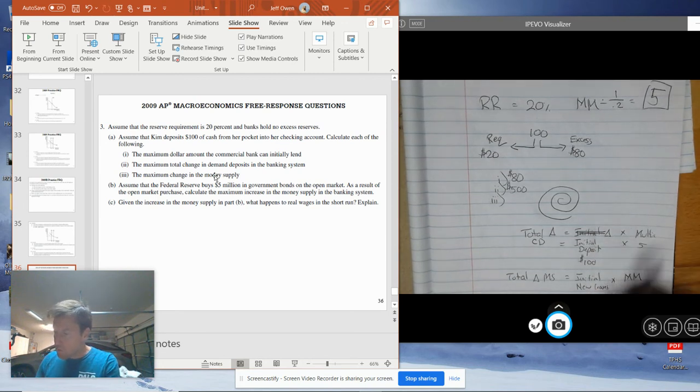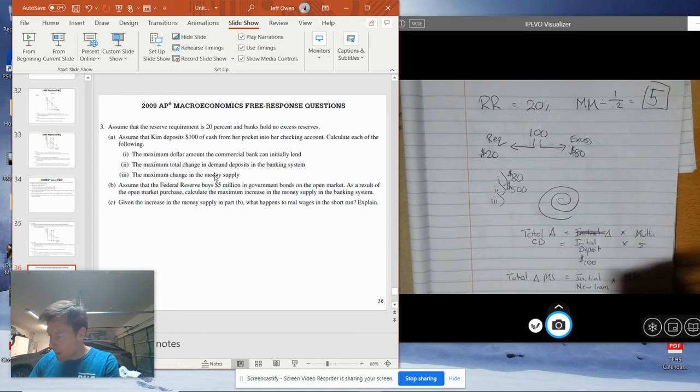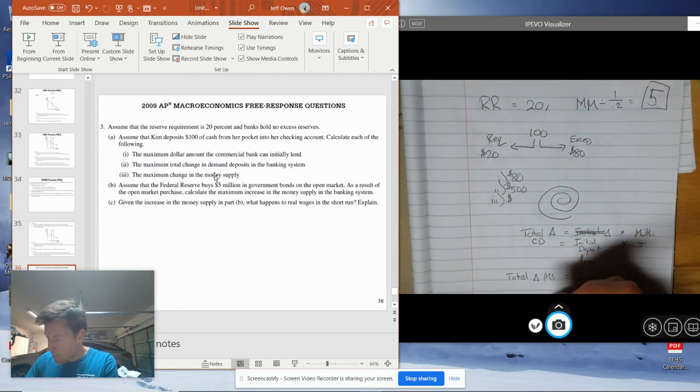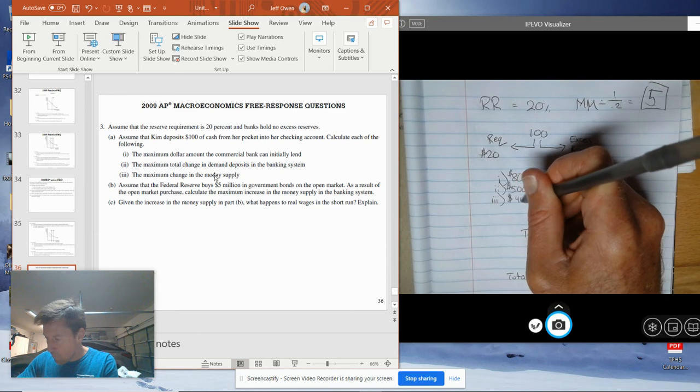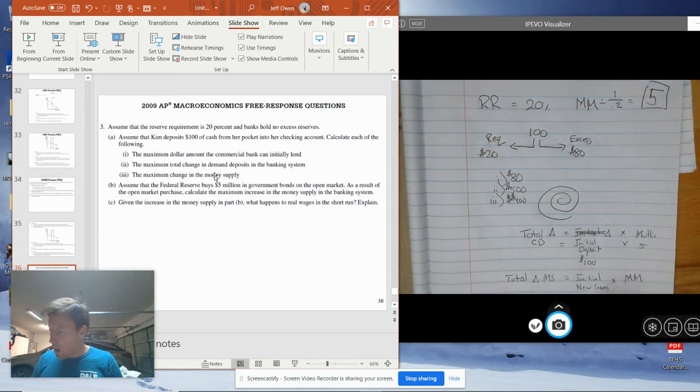So my initial new loans is 80 bucks. That comes out of excess reserves. So 80 bucks times my multiplier of 5 is going to give me $400. This is going to give me my total change in the money supply in our economy.